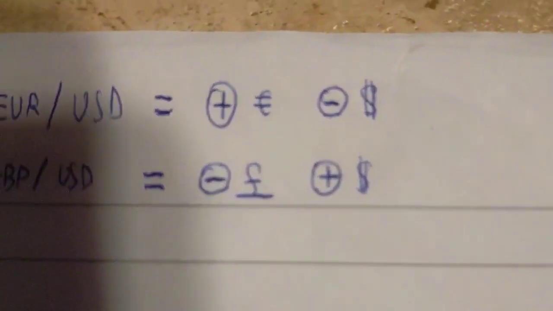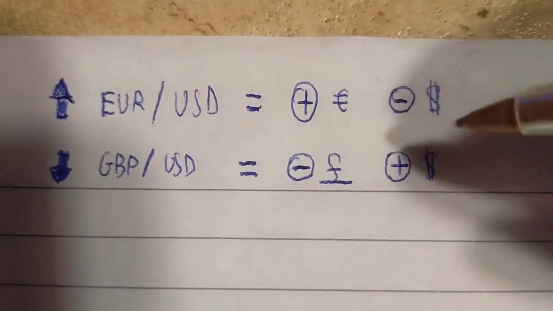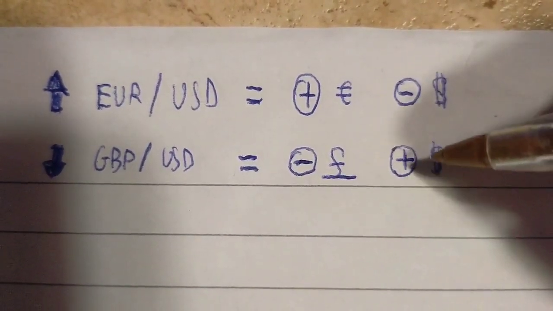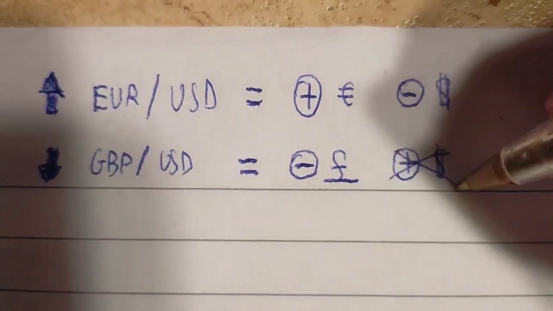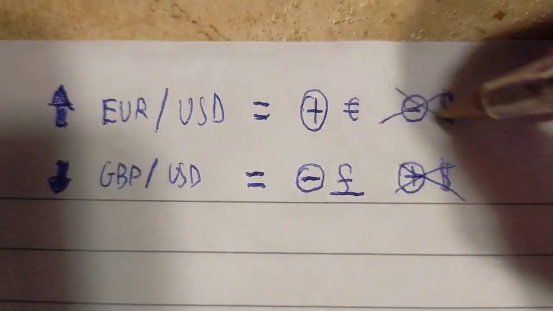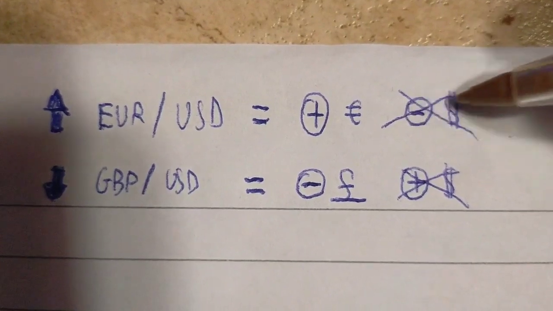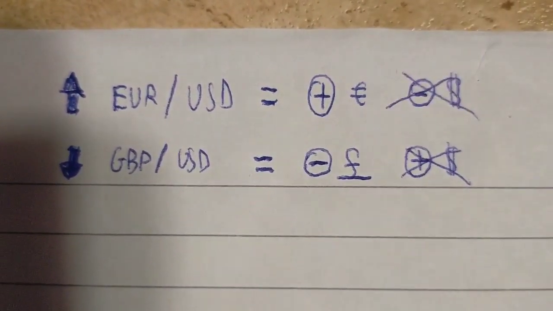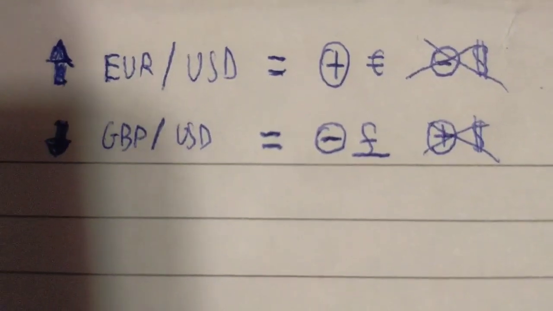So let's analyze the result. If we are selling dollar and buying dollar on the other side, we aren't trading dollar, because that's -1 contract and that is +1 contract, so it's like we don't trade dollar at all.